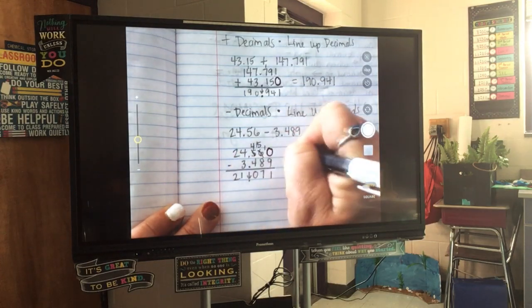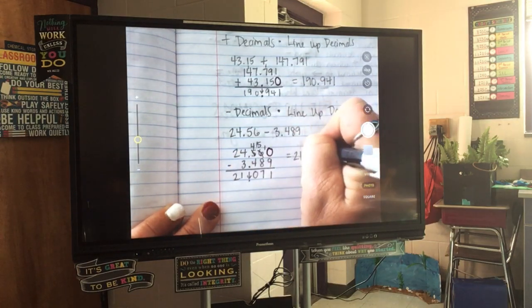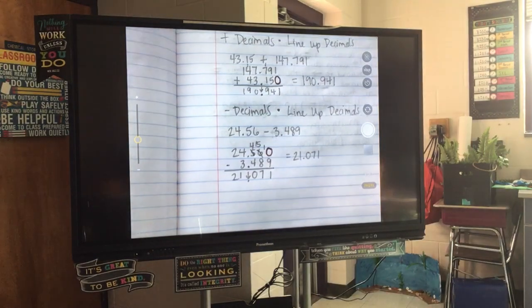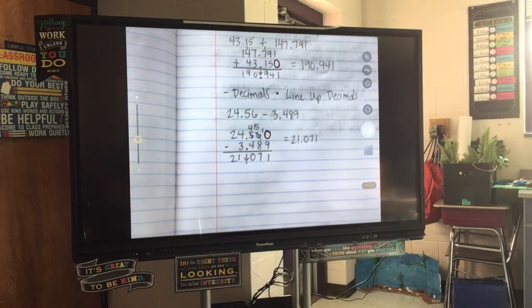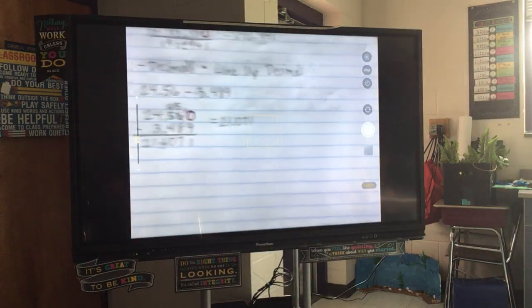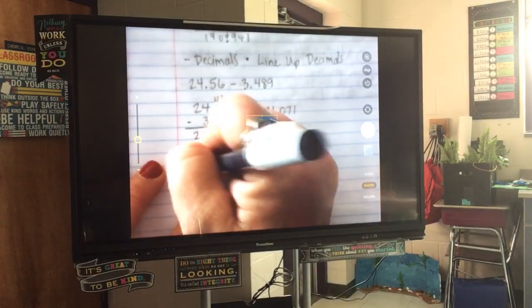And my answer is 21 and 71 hundredths. All right, questions about adding or subtracting? All right, let's move on to multiplying.